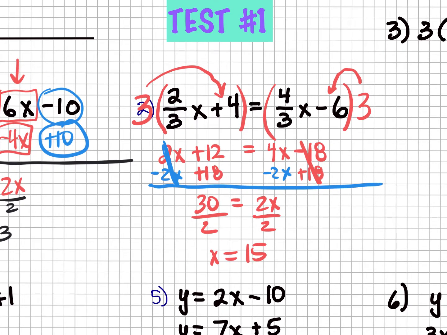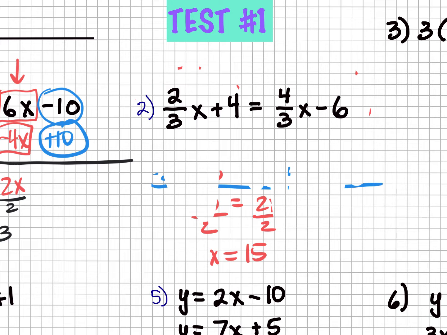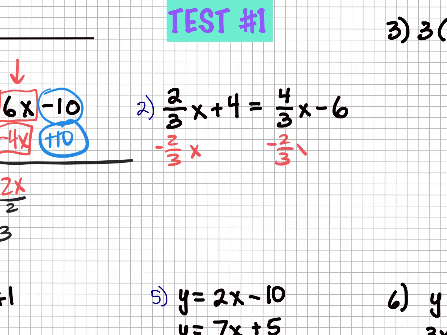I'm going to erase this and show you that it was possible without doing that step. So if I wanted to just do regular old, I'm going to take away 2/3 x over here, and I'm going to take away 2/3 x over here, so that these are gone together. Then 4/3 x minus 2/3 x is 2/3 x.